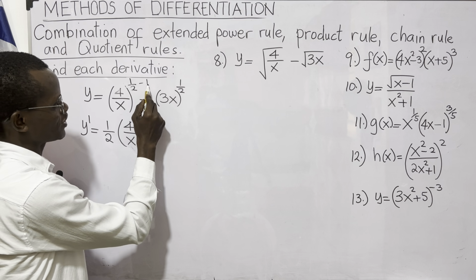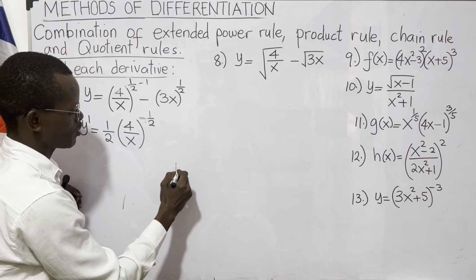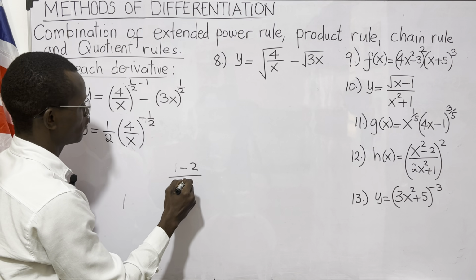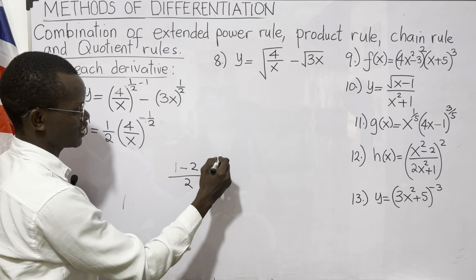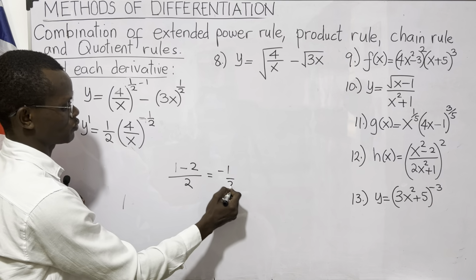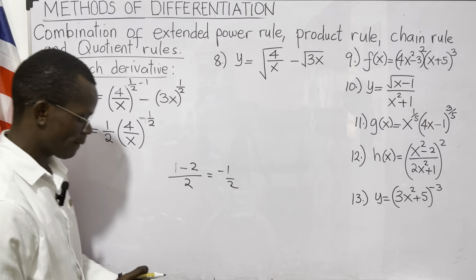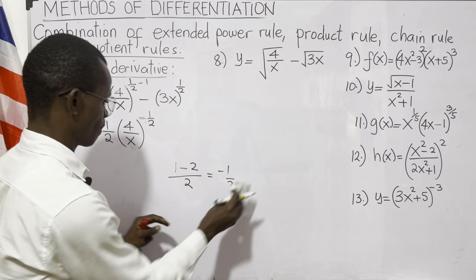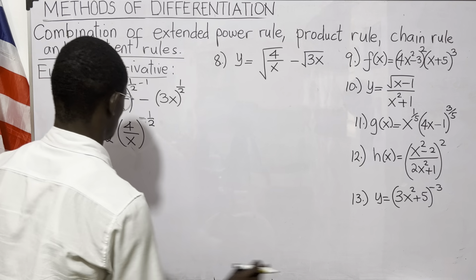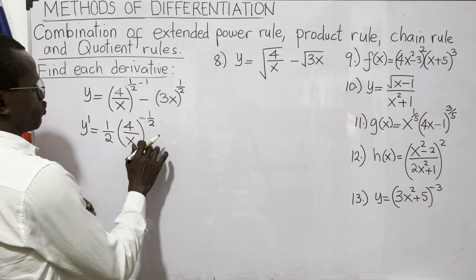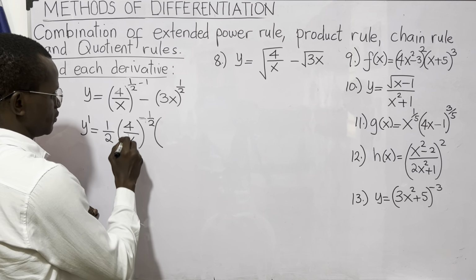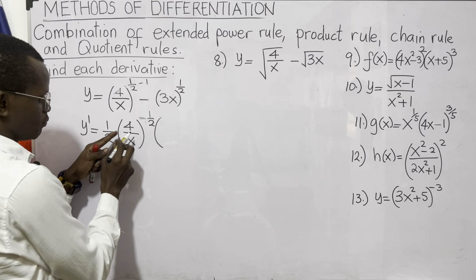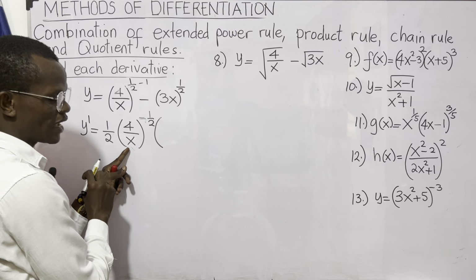2 times 1 is 2, and then 1 minus 2 over 2. So it's just like saying minus 1 over 2. So we differentiate inside. The derivative of what is inside. Because this is a quotient, we apply the quotient rule.